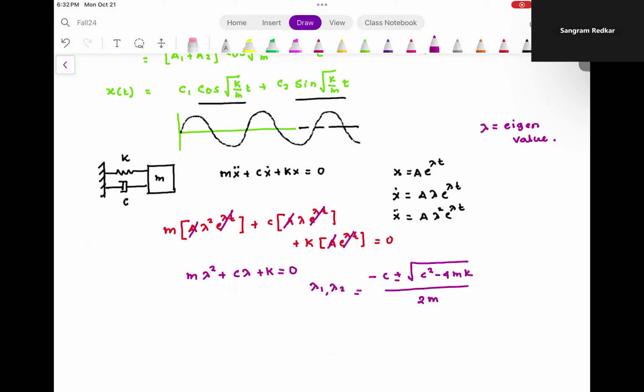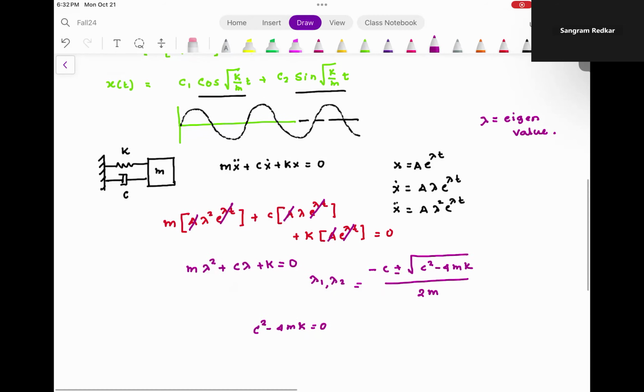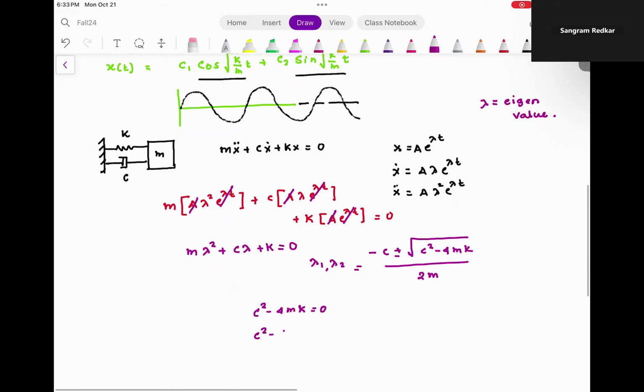Let's say if c square minus 4mk is equal to 0, or c square minus 4mk could be greater than 0, or c square minus 4mk less than 0. These are the three cases where the system could be underdamped, system could be critically damped, or system could be overdamped.